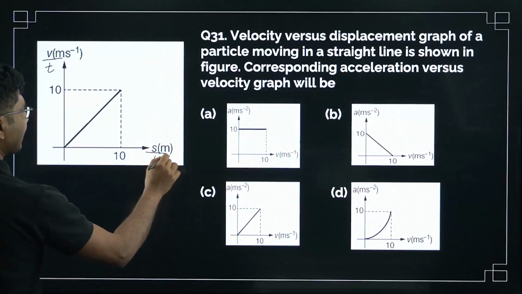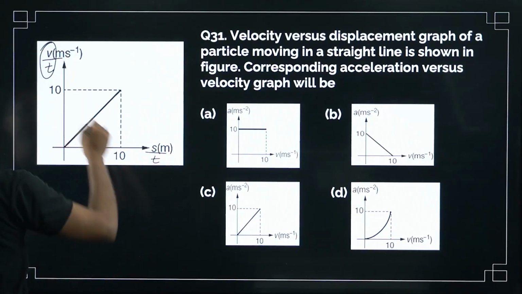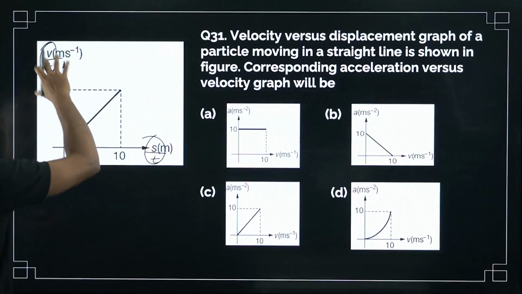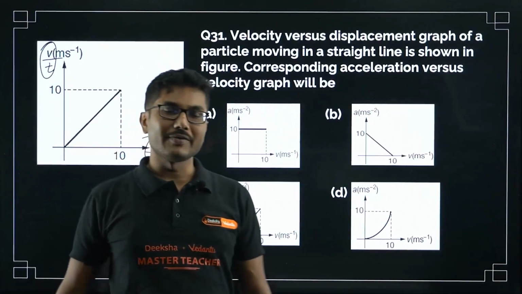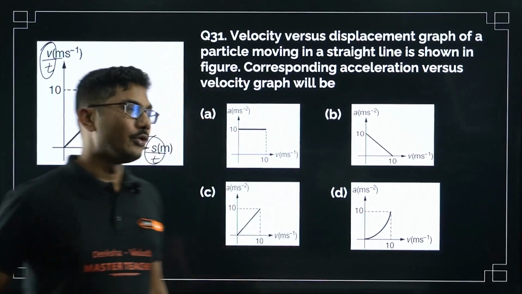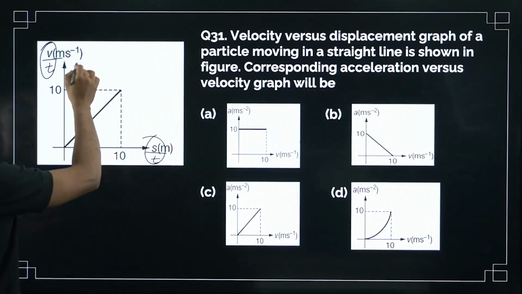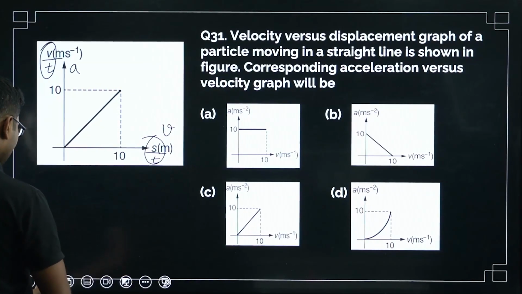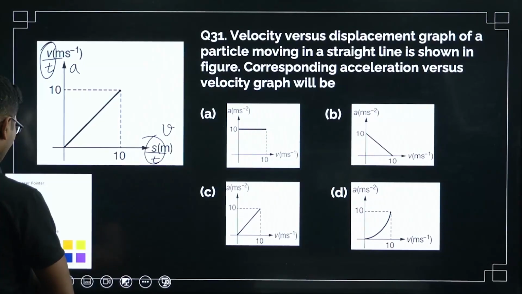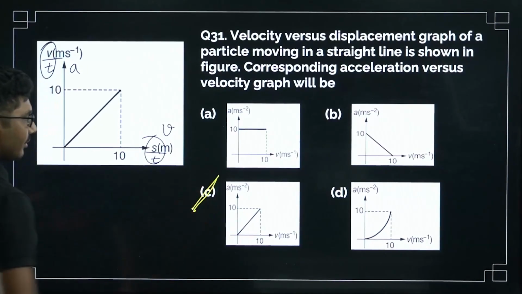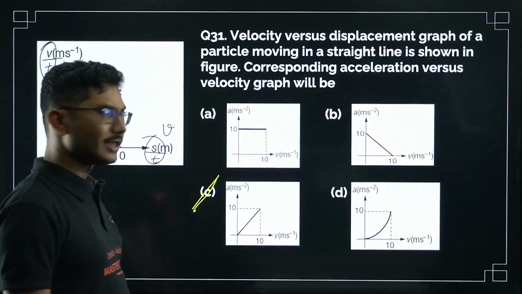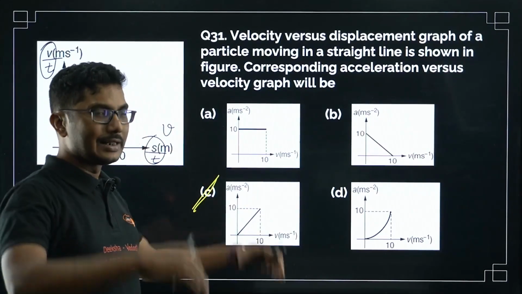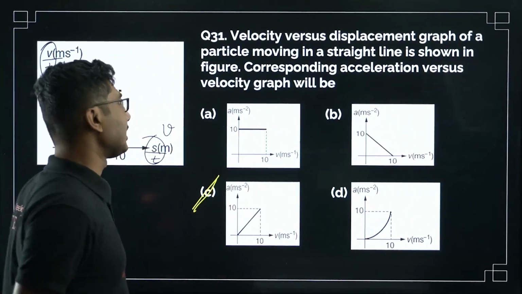Velocity is displacement by time. So if you divide this by time, the graph will remain the same because you are dividing by the same value along x and y axis. So it will become A versus V graph. So the correct answer will be the same, that is option C. Okay, interesting question. There is another method given in the PDF solution. You can check that out as well.